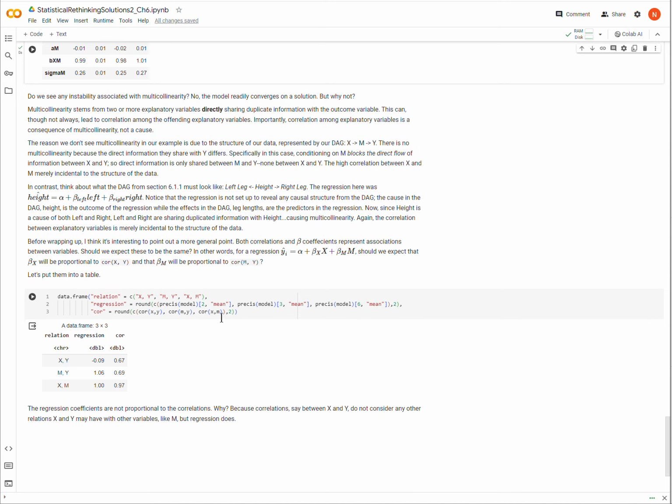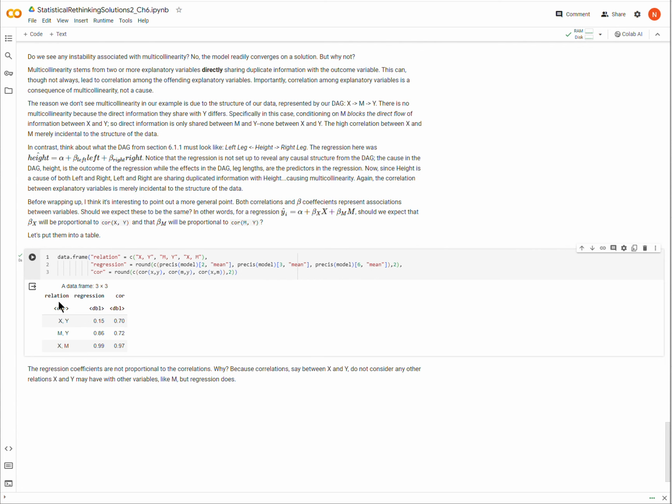So we might expect that the correlation between X and Y is somehow proportional, maybe not equal, to the beta coefficient for X on Y, and similarly for M. Let's just empirically look at that.